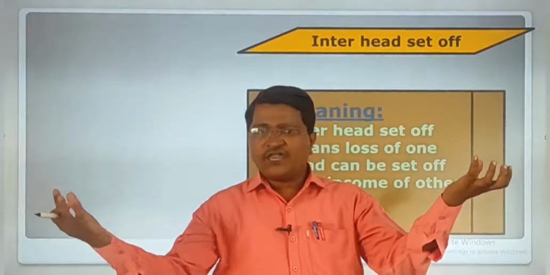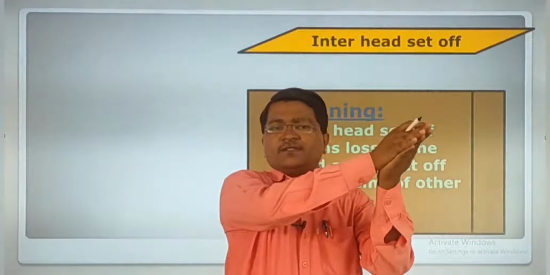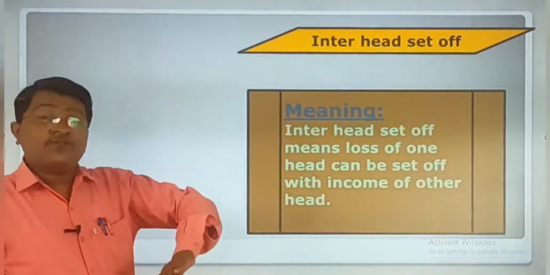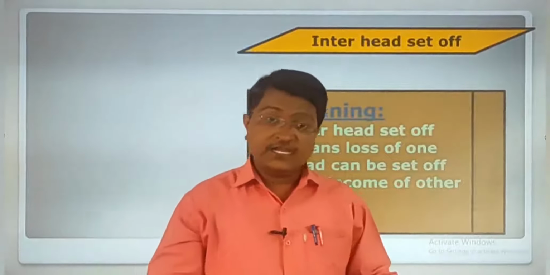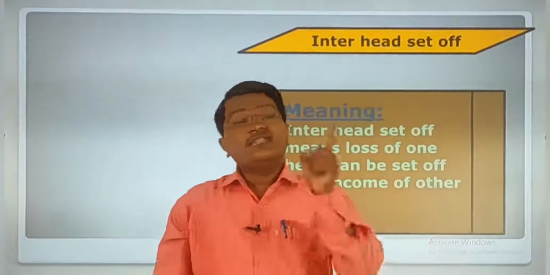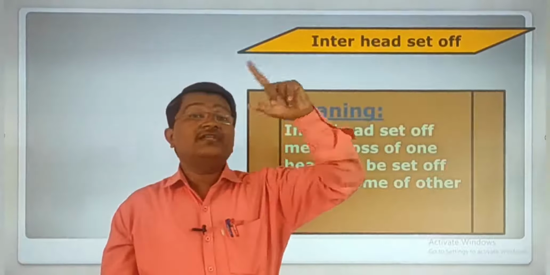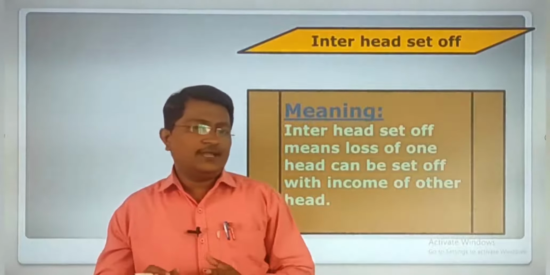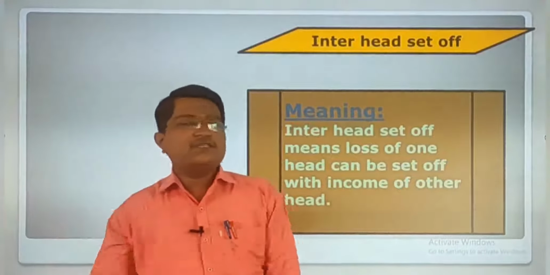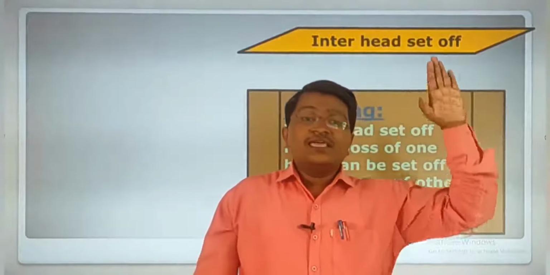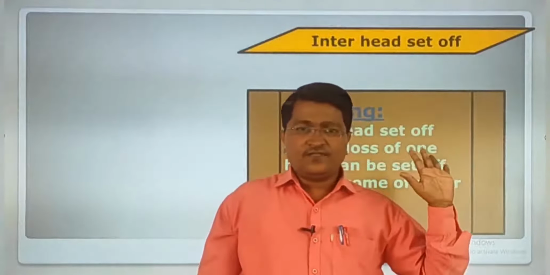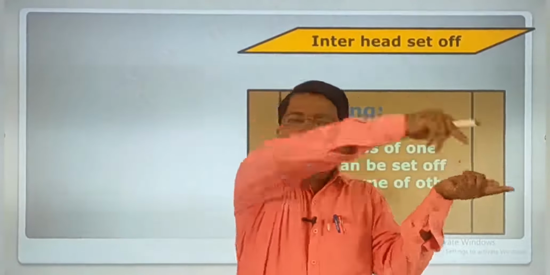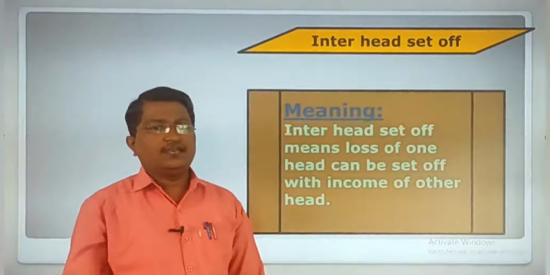If the loss of one head is set off with the income of another head, then it is called inter-head set off. And if the losses are set off in the same head, then it is called inter-source set off. So you should know these two meanings clearly. Inter-source set off means in the same head we can set off, and inter-head set off means loss of one head can be set off with the income of another head.